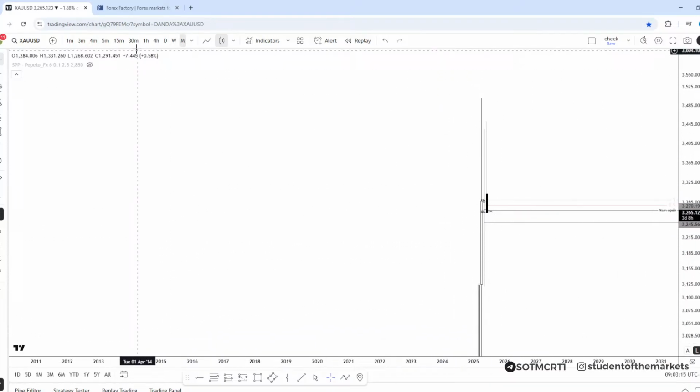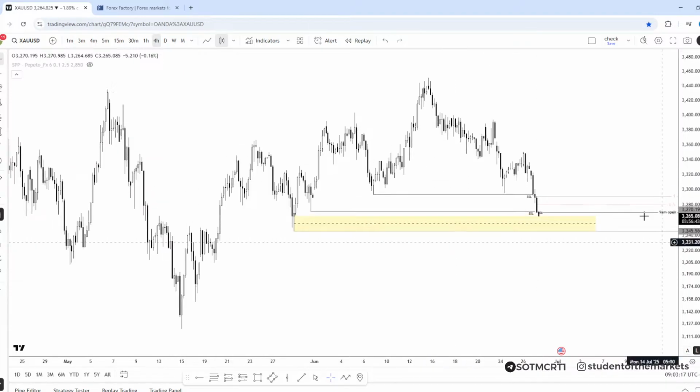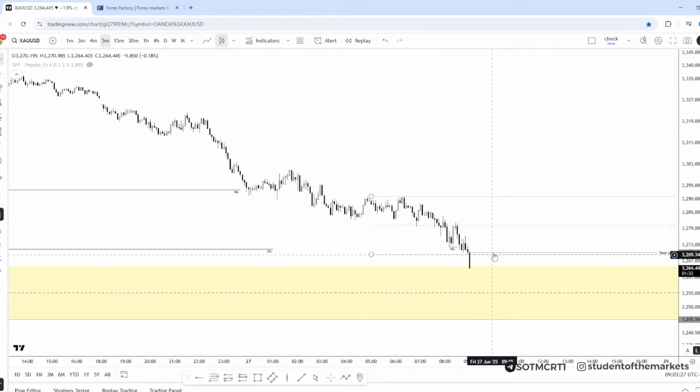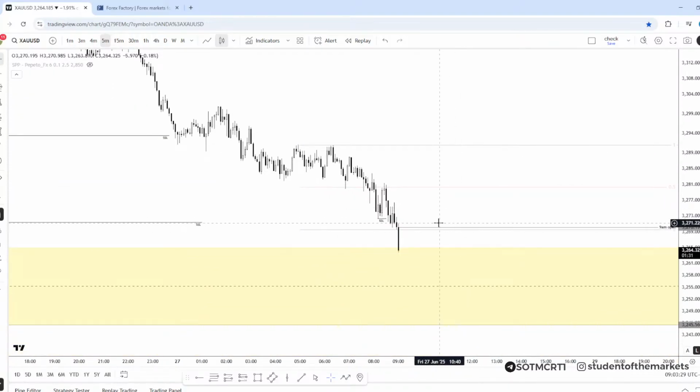The 4-hour just extended so much that I don't want to take any sells. I will take buys from somewhere, whenever price gives me an entry confirmation, I will take a buy opportunity to the upside.